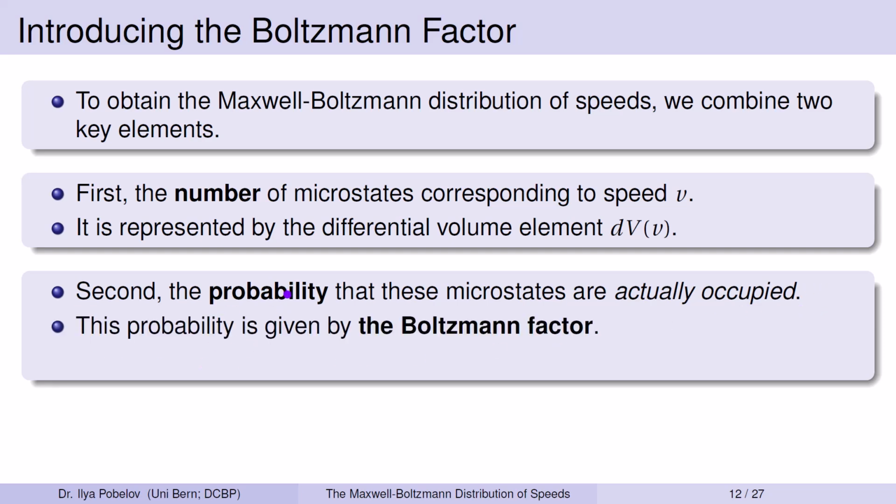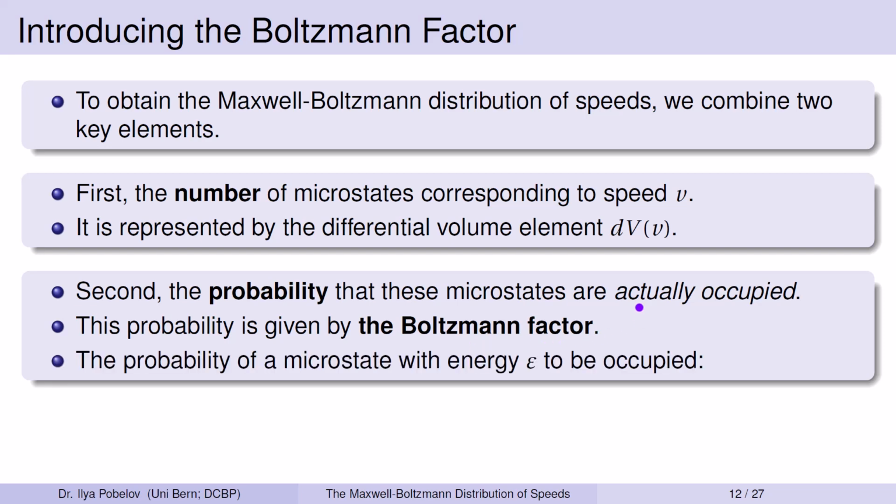This probability is given by the Boltzmann factor. Specifically, the probability of a microstate with energy epsilon to be occupied is proportional to the exponential of minus epsilon divided by kB times T.